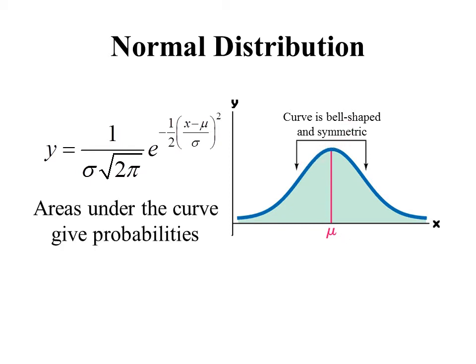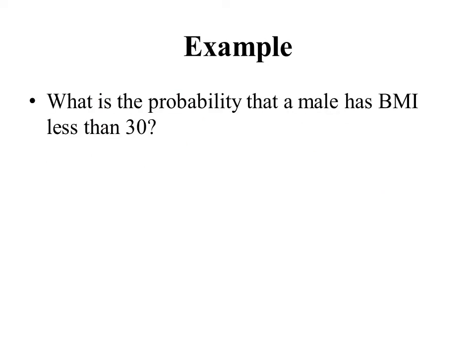Now, we're going to use this formula in a little bit different way than what we did with the binomial distribution. This formula in and of itself doesn't give us probabilities. To get probabilities, we use areas underneath this curve. So what do I mean by that?